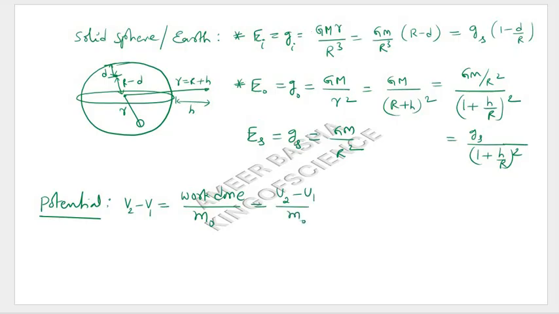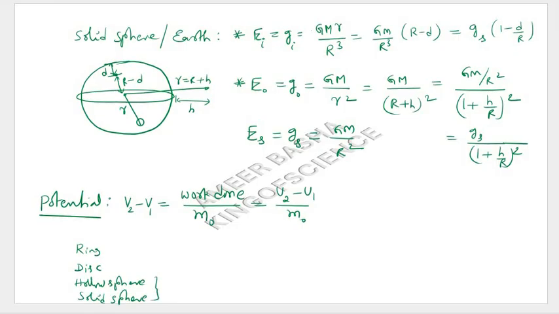This work done is obviously stored in the form of potential energy by a test mass. Okay. For gravitational potential also, you remember for ring, for disk, for hollow sphere, for solid sphere. Solid sphere, always remember it is the earth. Okay.